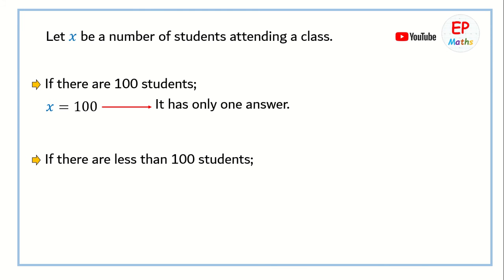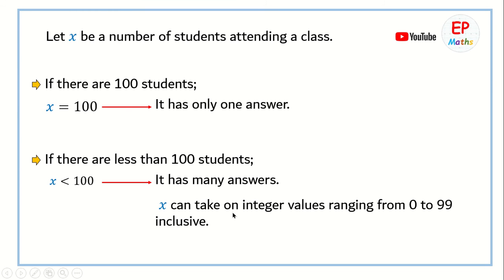But then, if there are less than 100 students, then we say that X is less than 100. And we call this inequality. It means that it has many answers. Look, X can take on integer values ranging from 0 to 99 inclusive.